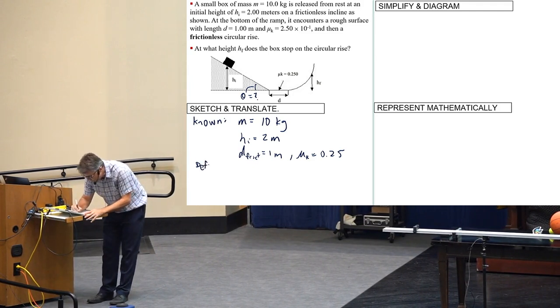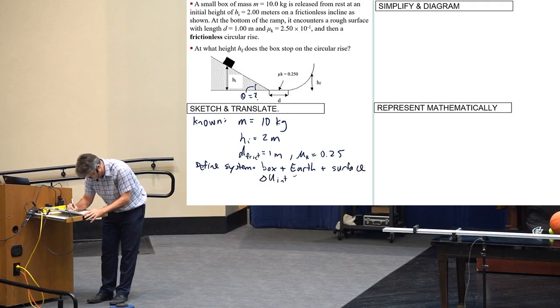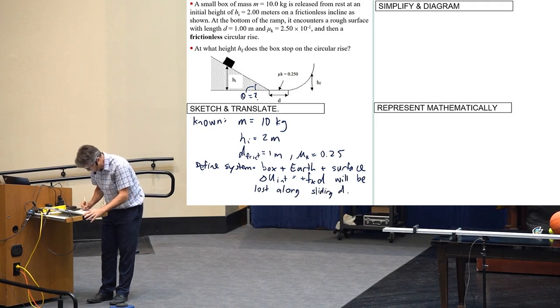So if you define the system as the box plus Earth, I guess, because we're going to use mgh a lot, plus the surface, then delta U internal is going to be plus F sub k times d, which will be lost along the sliding d part.